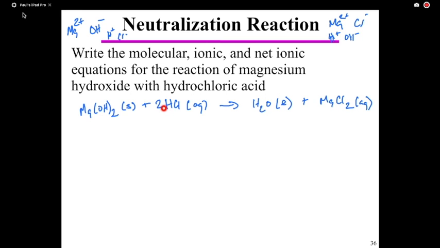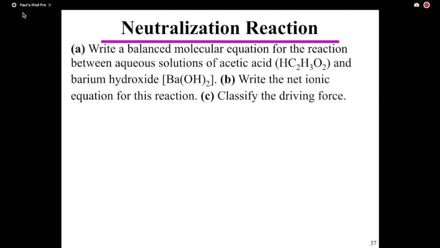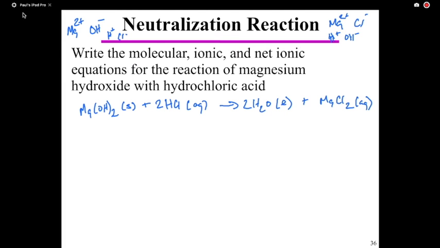And now I have 2 hydrogens and 2 hydrogens. That's 4. Does this side have 4? No, but if I put a 2 there, I'm good. Okay, and now I have 2 oxygens and 2 oxygens. I'm good.